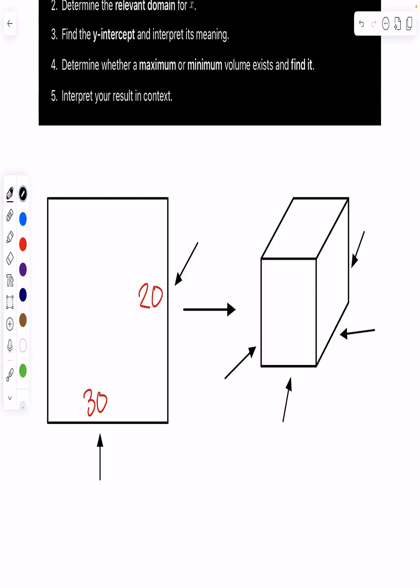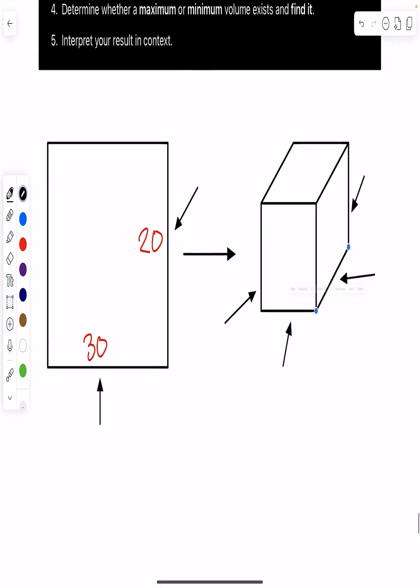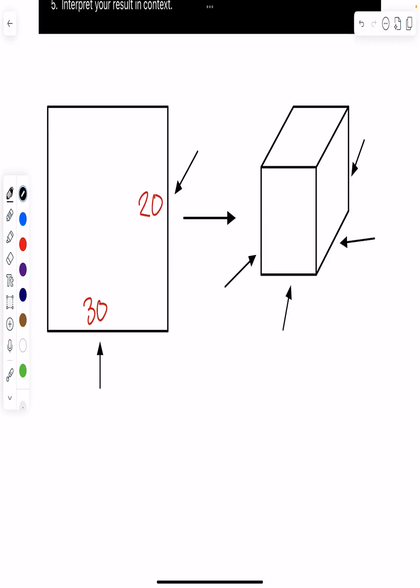volume function. So instead now of having just 30, now I have to take 30 and disseminate that evenly between two sides, so two sides that are proportional to each other. And then I have 20 that I also have to disseminate between two proportional sides.